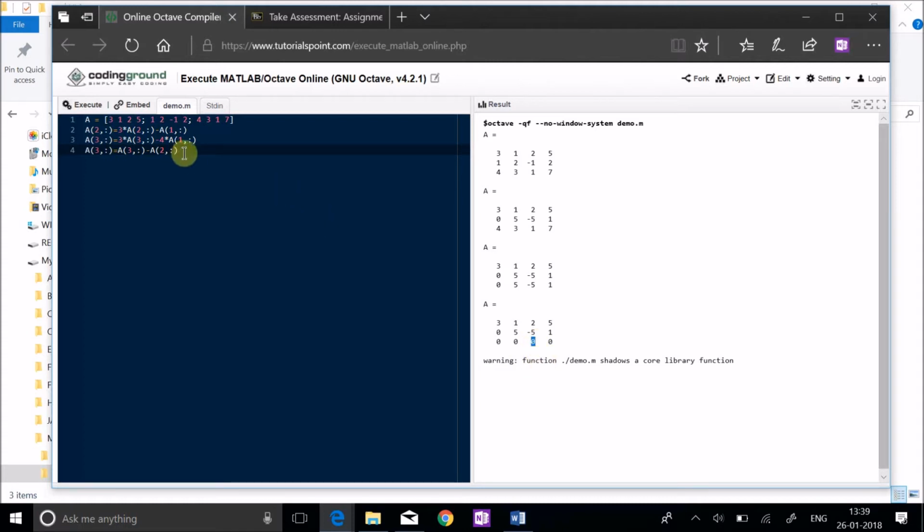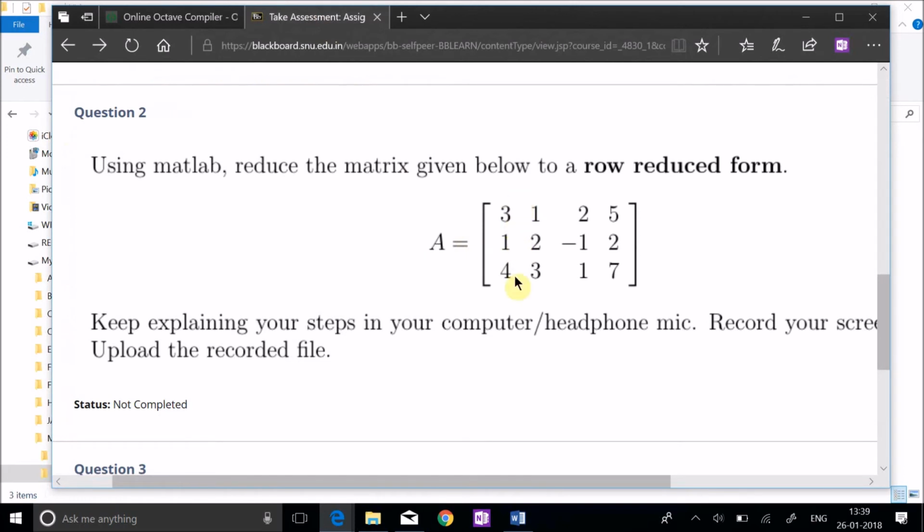So now that we have gotten to the end, that is all these zeros, what does this represent? Basically, as I said, every column represents a variable. So this is x, this is y, and this is z. So 4x plus 3y plus z equals 7.